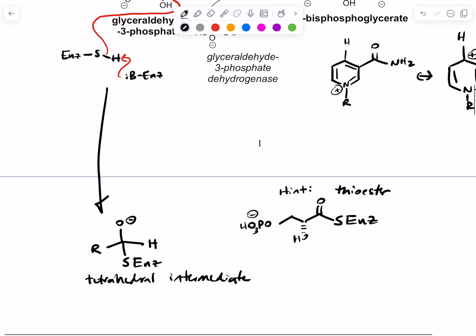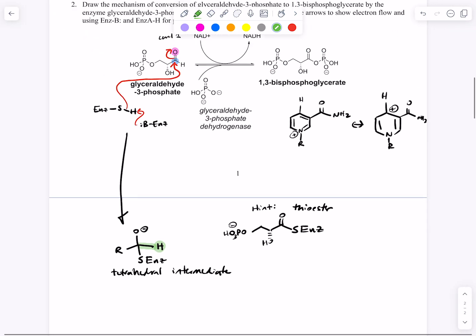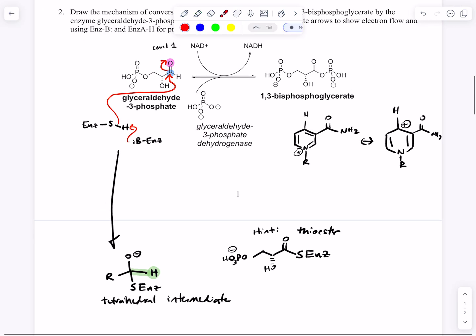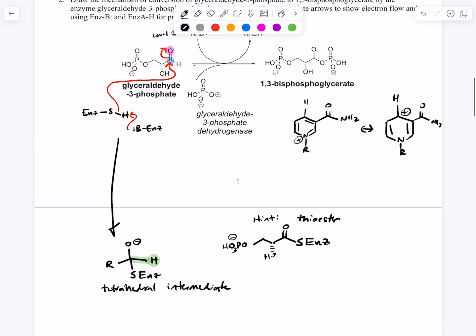If you compare carefully here versus here, one of the things you might notice is the hydrogen and its electrons are gone. Where did they go? Well, you look up at the reaction and you have NAD+, which is a hydride catcher, or an oxidizing agent.